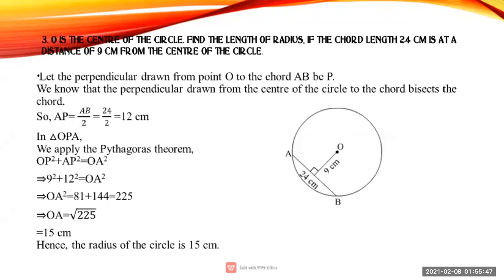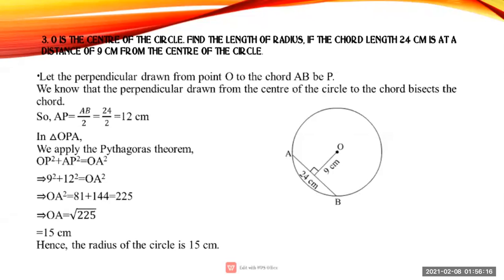Now what is given here? Here O is given as the center of the circle. What do you have to find out? You have to find out the radius if the chord length is 24 centimeter at a distance of 9 centimeter from the center of the circle.